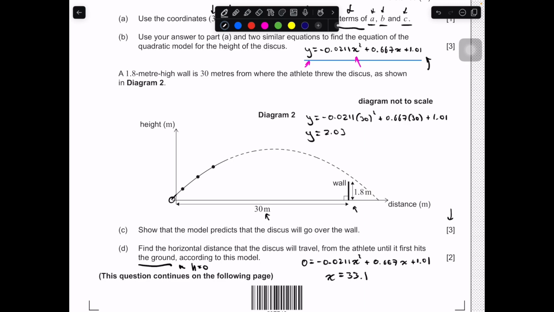When x is equal to 33.1 meters, we have reached the ground, which is good because it corresponds with this graph that they've given us, which is always reassuring. It means this extra little bit is 3.1 meters. And that looks about right. I mean, if it was 40 or 60 meters, that would tell us that something's maybe gone wrong.